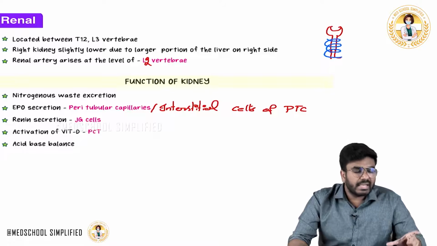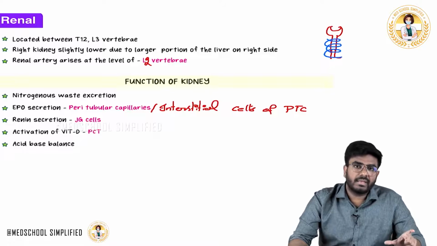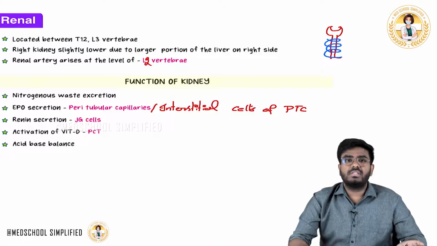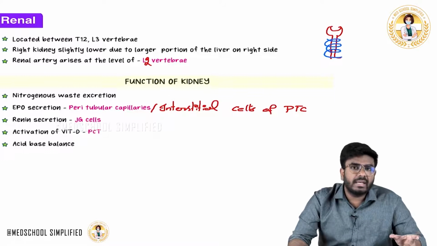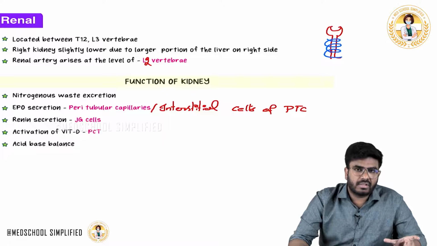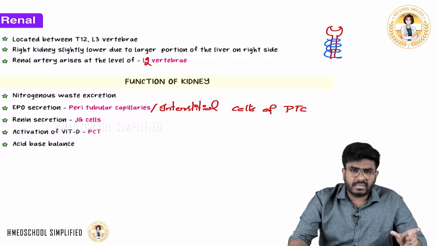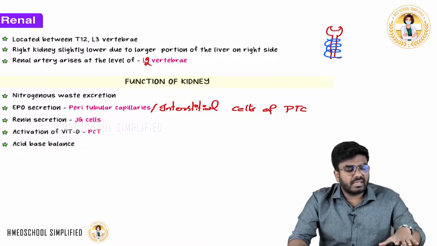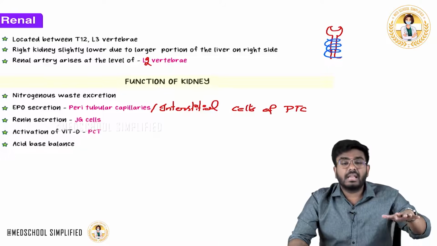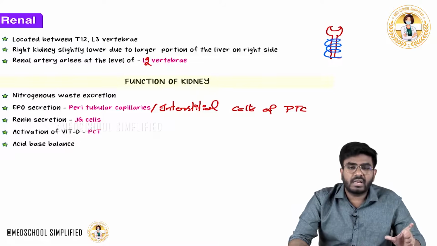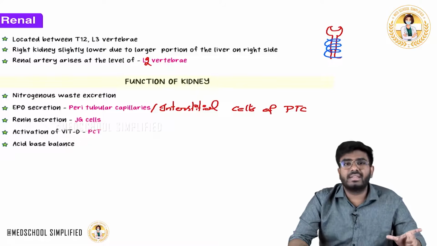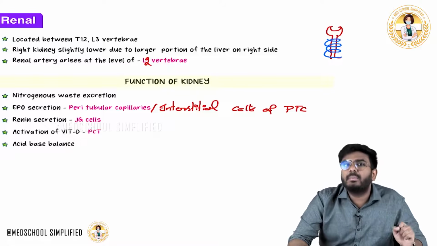Now if there is any alteration in pH, like acidosis or alkalosis, you need to have certain regulatory points. Sorry, the first line is not the lungs, it's the buffer system. Whenever there is any fluctuation in the pH, buffers will come into play. There are certain substances called buffers. They will try to regulate the pH.